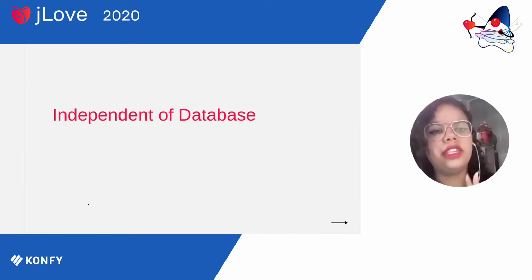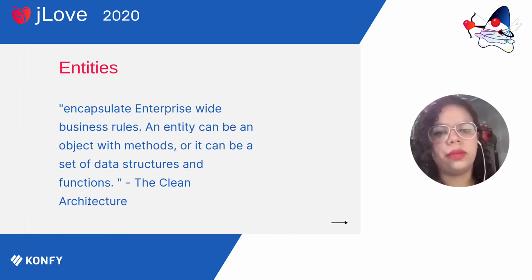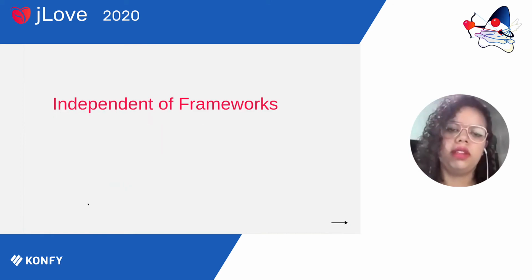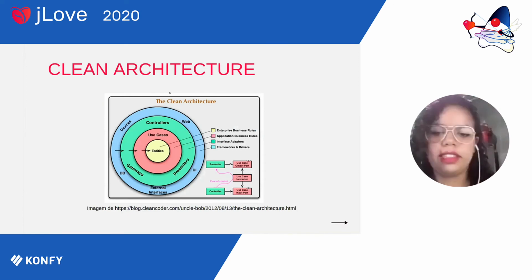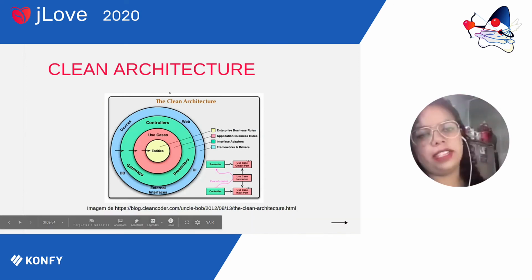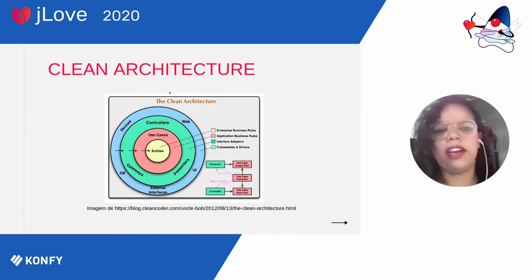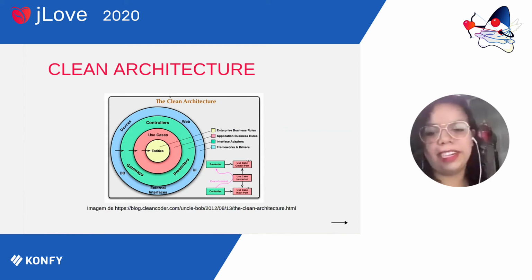And now some definitions about the Clean Architecture components that you saw in the image. Let's explain the image. This is the Clean Architecture diagram. Clean Architecture is the famous concept from Uncle Bob, or Robert Martin. And here we have the entities, which are the enterprise business rules.